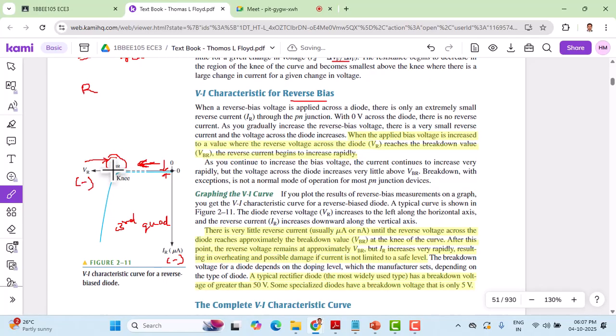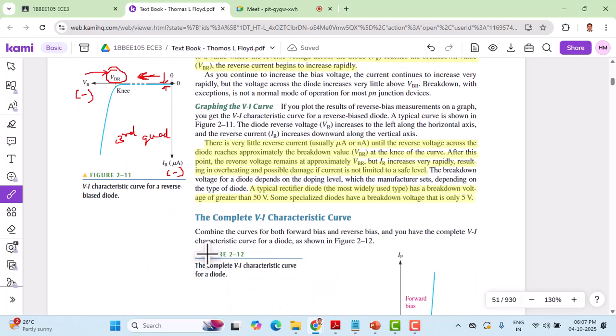But to be on the safer side, when the reverse voltage is within VBR, you will get a small amount of current and the diode is not damaged. But the moment the reverse voltage crosses VBR, we see a huge surge in current flow that causes damage of the PN junction itself. Typically, a voltage greater than 50 volts or 70 volts causes breakdown.